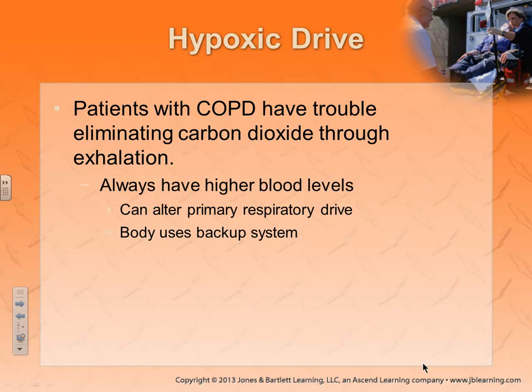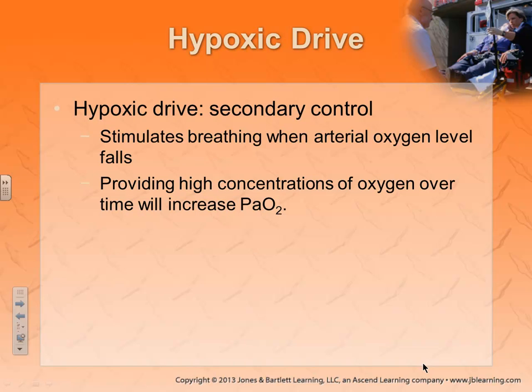But in a person that has a chronic lung disease, they're going to be used to retaining CO2, so their body's not going to be triggered to breathe off of higher levels of CO2. So what is their body going to be triggered to breathe off of? Low levels of O2. So that's why giving them a lot of supplemental oxygen could actually tell them to quit breathing altogether, because the body's going to say, hey, we've got high levels of oxygen, we don't need to breathe. Does that make sense? Okay, great.